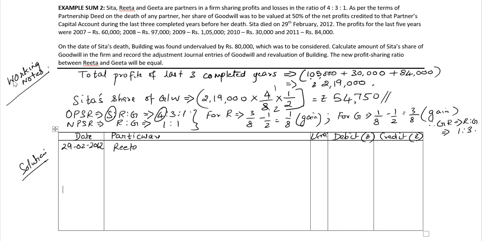Rita capital account debit. Geeta capital account debit. To Sita's capital account. Against Sita, we will write 54,750.